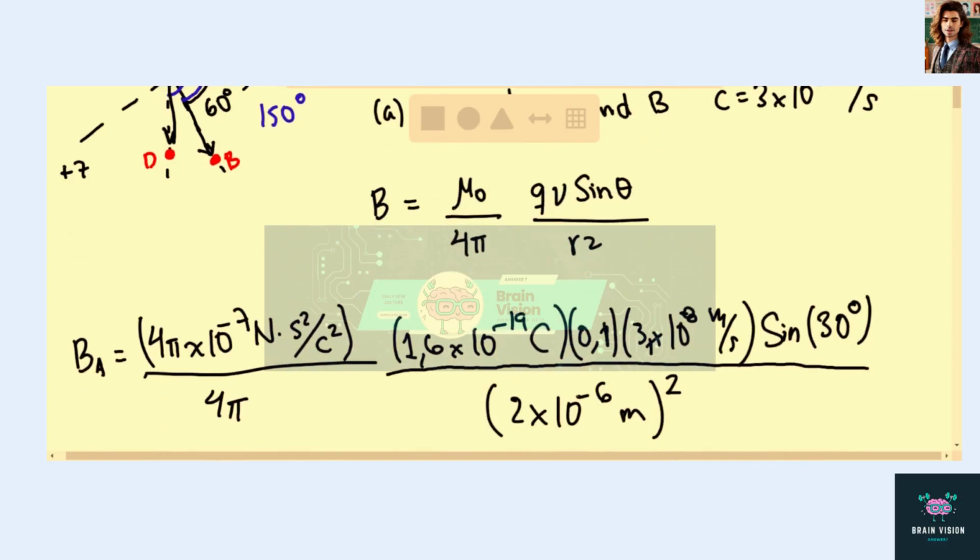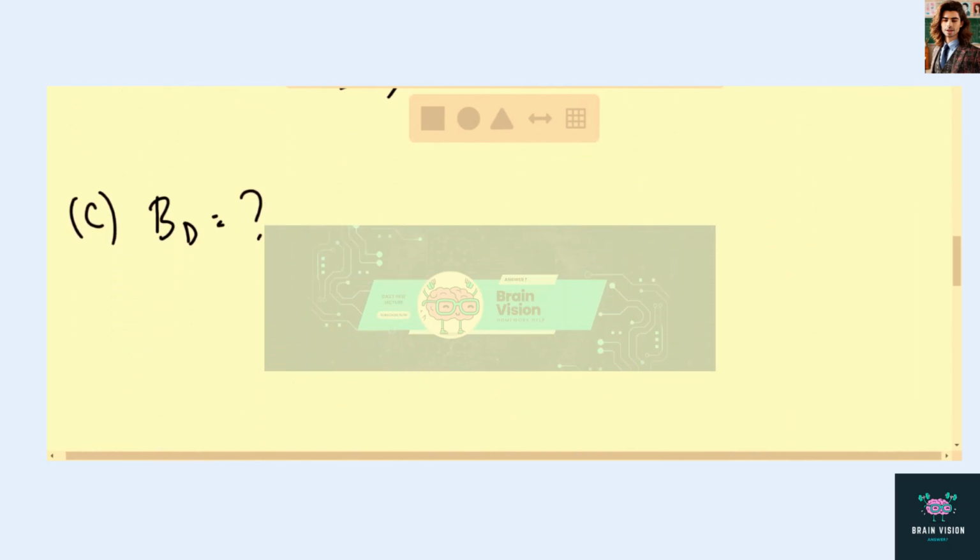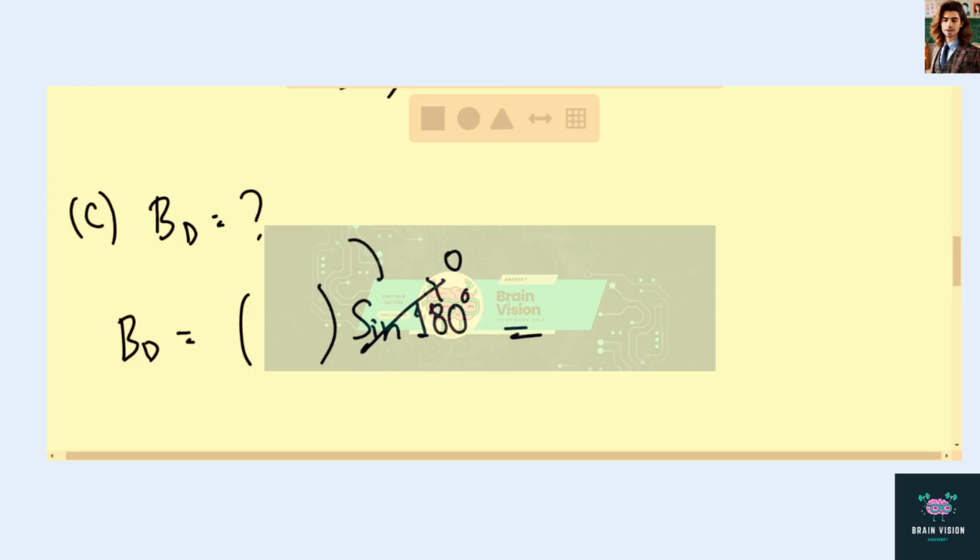So the distance to that point is the same as before, all of this is the same, but only the angle changes. And it will be the sine of 180 degrees, and we know that this is 0. So multiplying 0 by everything else is just 0. So this is the magnetic field at the point D.